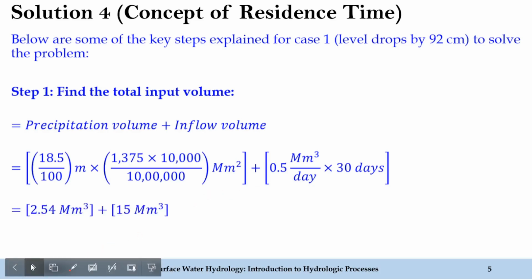If we solve this part, we get the total precipitation volume as 2.54 millimeter cube, and likewise if we solve this part, we get the inflow volume as 15 millimeter cube. Adding together, we get 17.54 millimeter cube as the total input volume. I hope you were able to follow step 1, where we were interested to find out how much is the volume of water which is provided as input to the reservoir system.